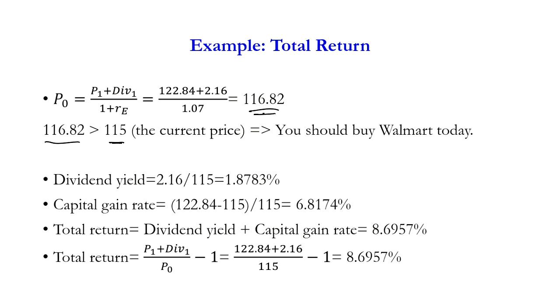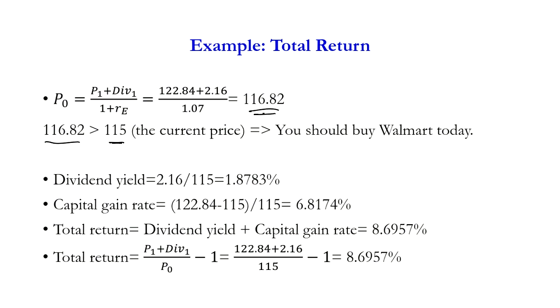Again, Walmart is trading at $115 today. Based on our calculation and estimation, the Walmart stock price should be higher, but it's currently trading at 115, so it's cheap and undervalued. Our decision will be to buy Walmart today.